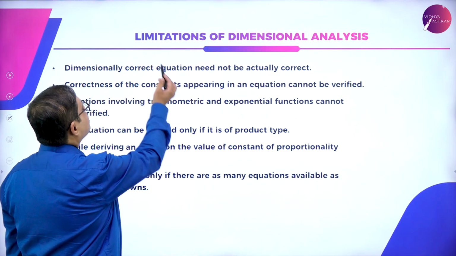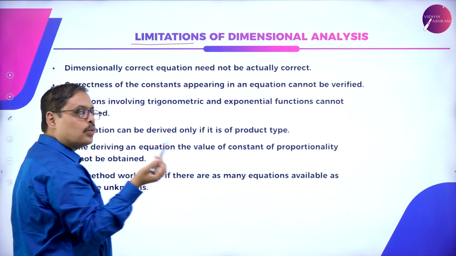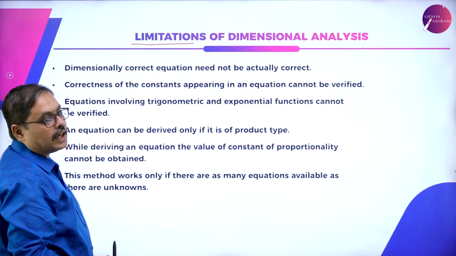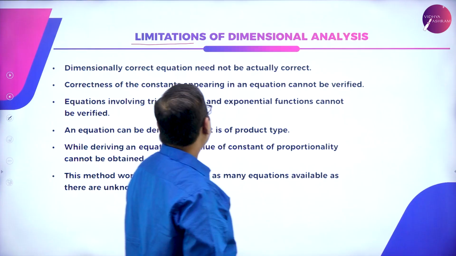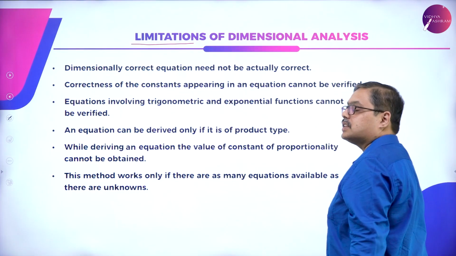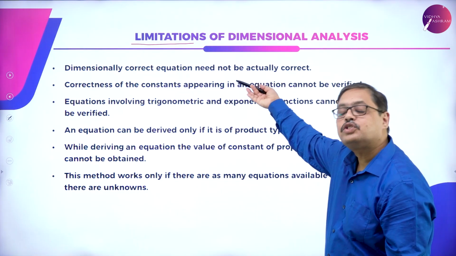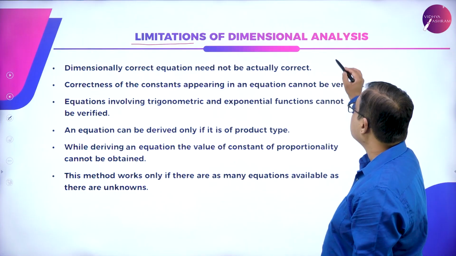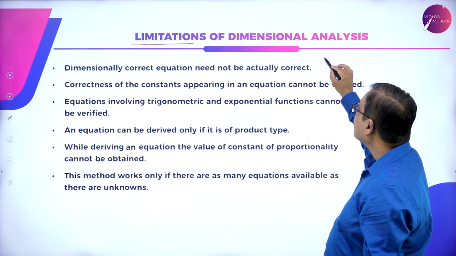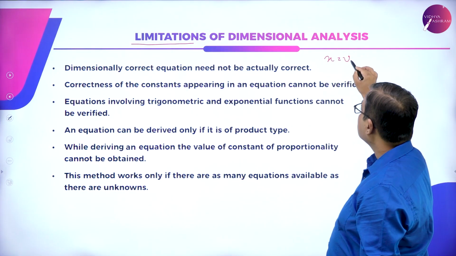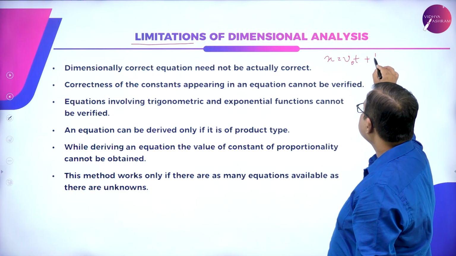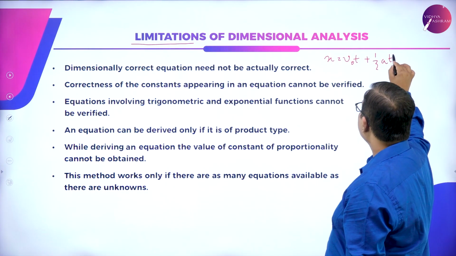What are the limitations of dimensional analysis? One by one. The first and the foremost thing is dimensionally correct equations need not be actually correct. What do you mean by that? We had the equation x is equal to v naught t plus half at square.